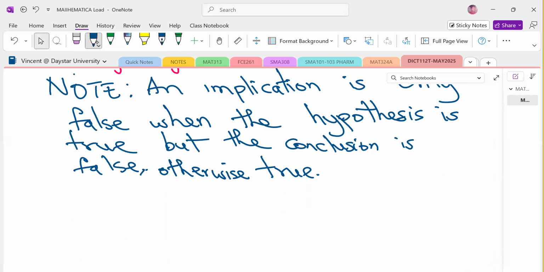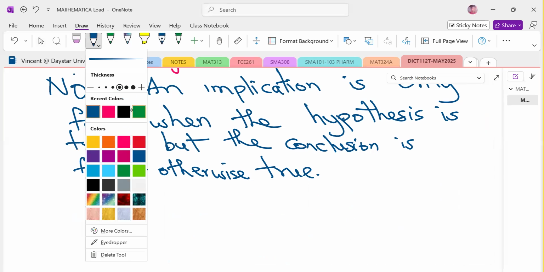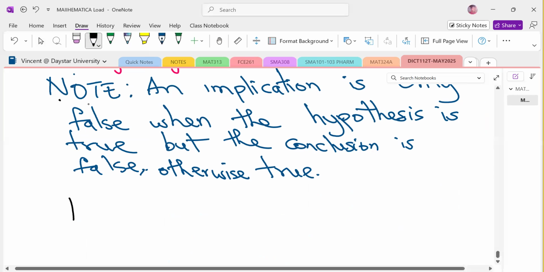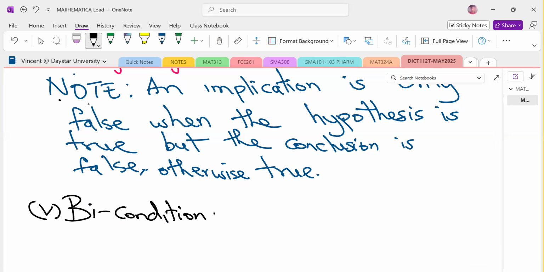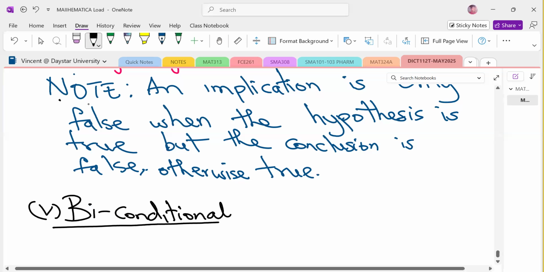Lastly, biconditional. So biconditional, we use this notation.